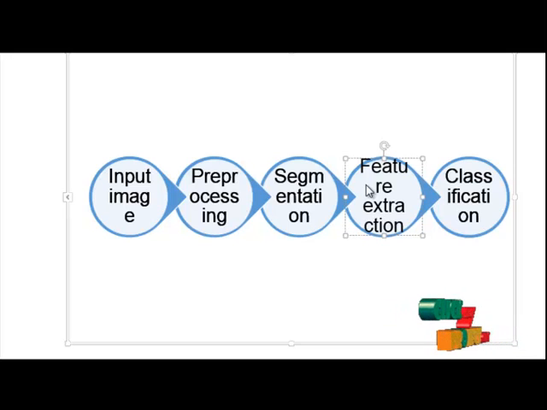GLCM is defined by first specifying a displacement vector and counting all pairs of pixels separated by the displacement having gray levels i and j. GLCM is defined by the number of co-occurrences of the pixels. The co-occurrence matrix has dimensions n by n, where n is the number of gray levels in the image. Once the co-occurrence matrix is obtained, we extract 12 different statistical features.